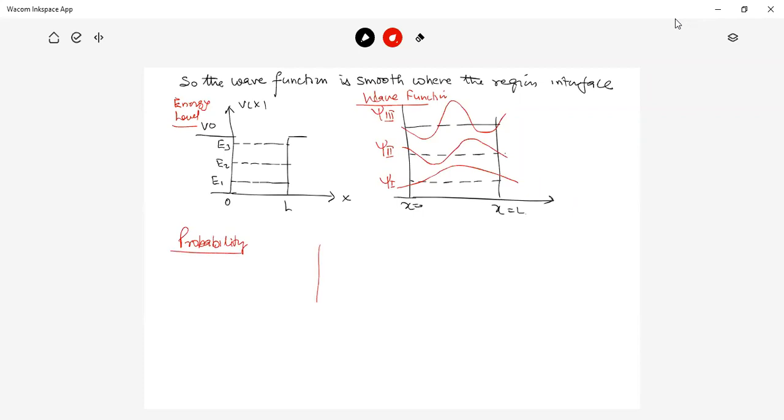So the most important is the probability between 0 and L. So we have this probability.